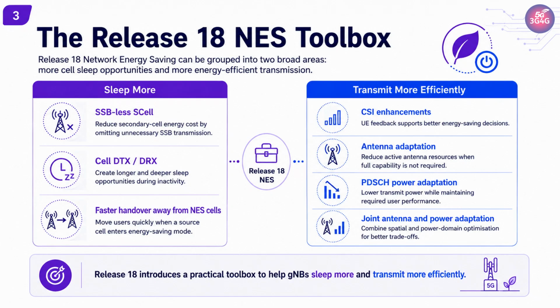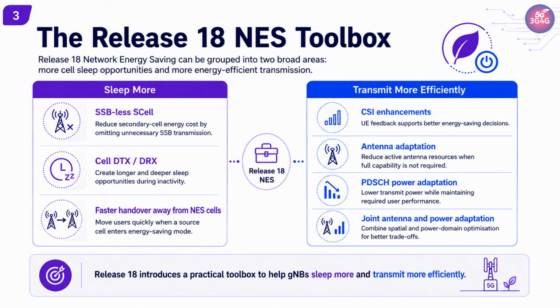The sleep more side is about reducing unnecessary activity when resources are not needed. The transmit more efficiently side is about using the right amount of antenna and power resources when transmission is required. This distinction is useful because not every situation allows the cell to sleep completely.